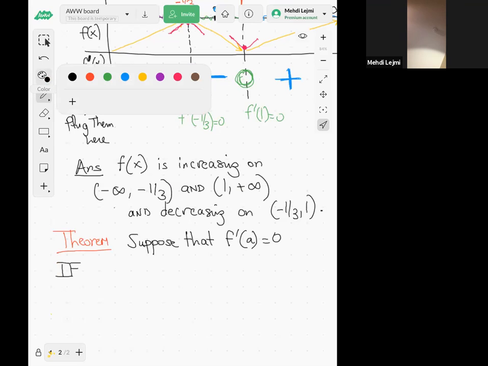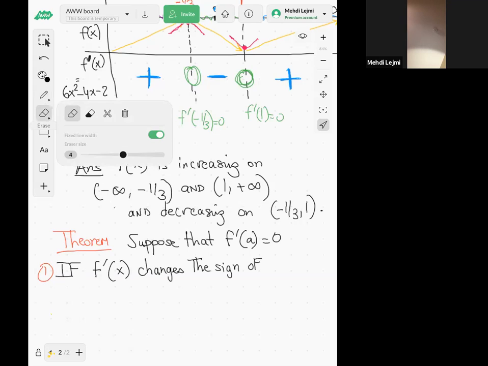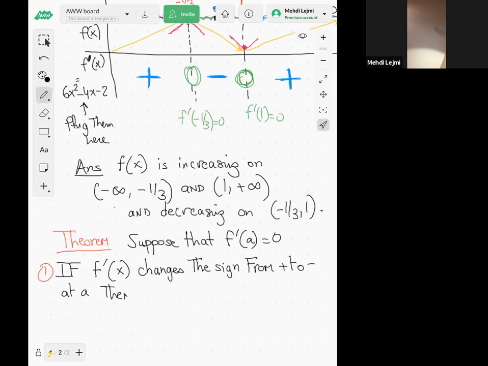The first case is that if f prime of x changes the sign from plus to minus, from positive to negative at a, so it's increasing and then it's decreasing, then f of x has a local maximum at a.